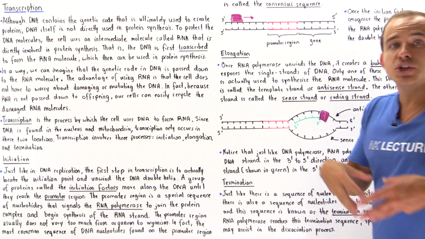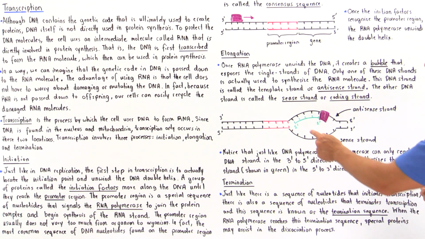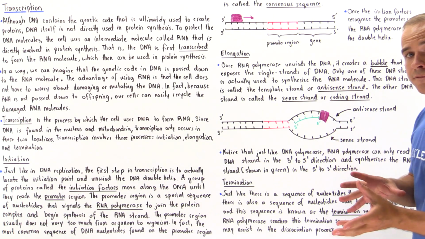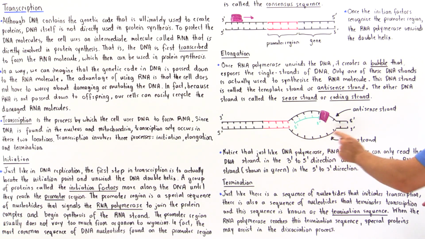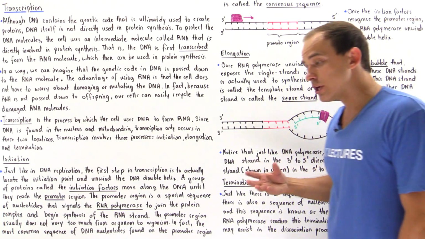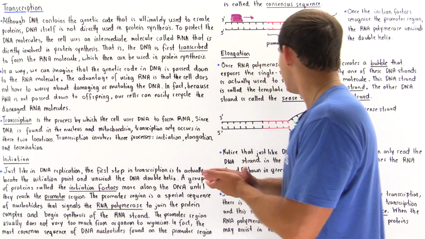And basically, the nucleotides found on this strand are almost exactly the same as the nucleotides found on the RNA strand. The only difference is the thymines are replaced with uracil on the RNA, because remember, in RNA, the thymines are replaced by the uracil.